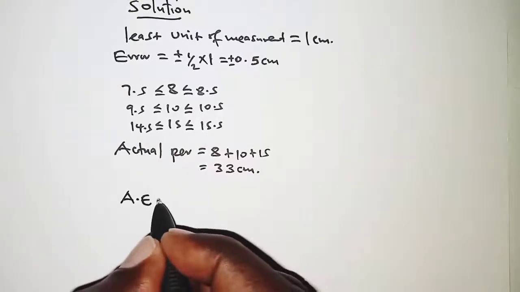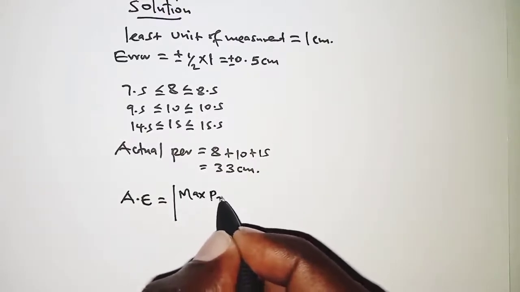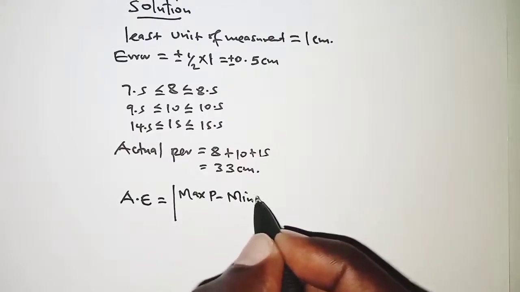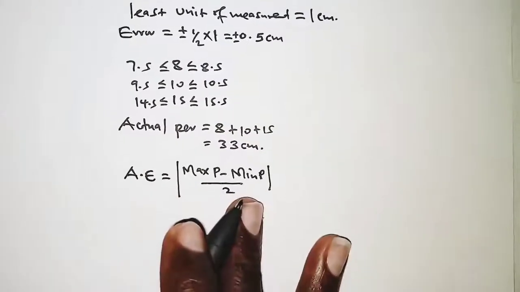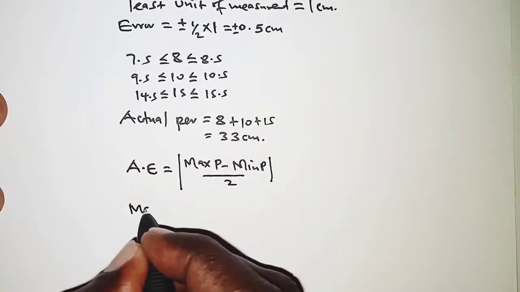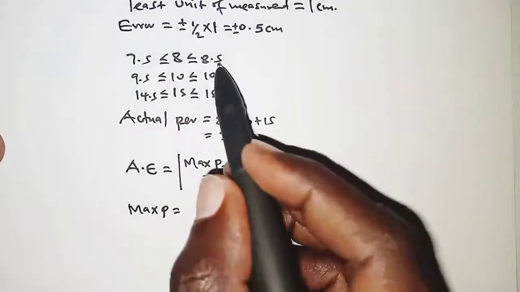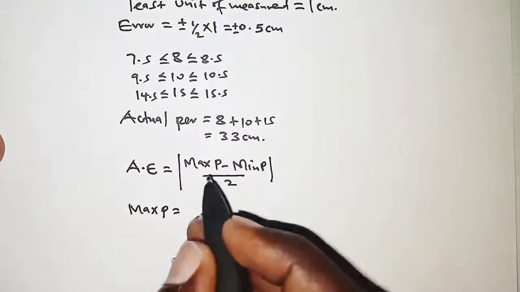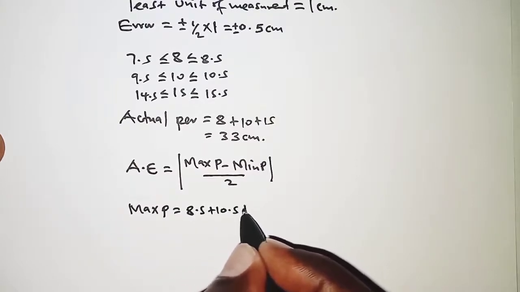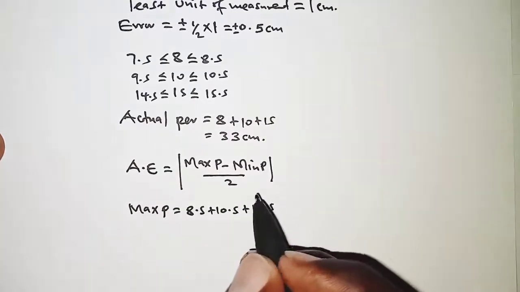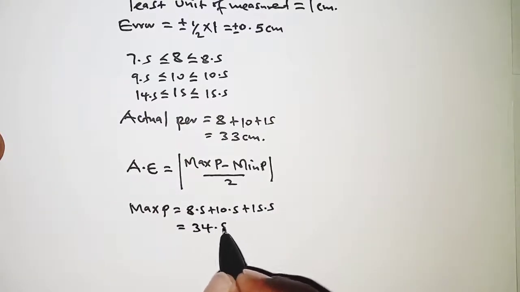So we are going to have absolute error given by maximum perimeter minus minimum perimeter, all divided by 2, so that when we work out the maximum perimeter, we simply have the sum of the maximum values of the dimensions. So we are going to have 8.5 plus 10.5 plus 15.5, and that should give us 34.5.